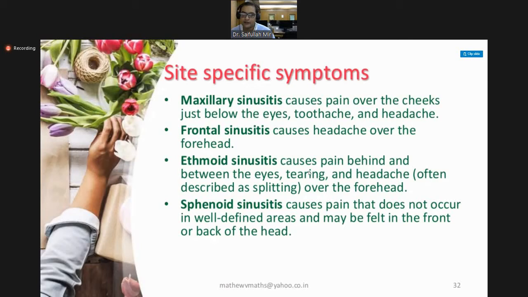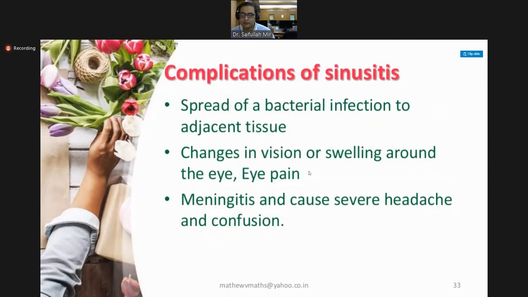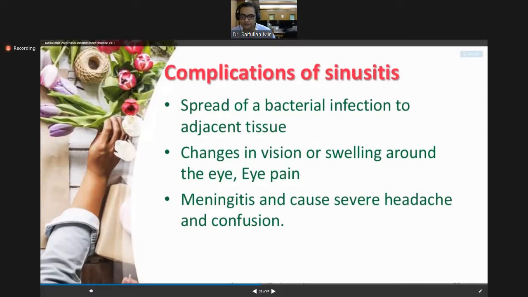So the complications of sinusitis are bacterial infection to the adjacent tissue. Can anybody tell me what the adjacent tissue is? You can unmute yourself. What is around the sinuses?